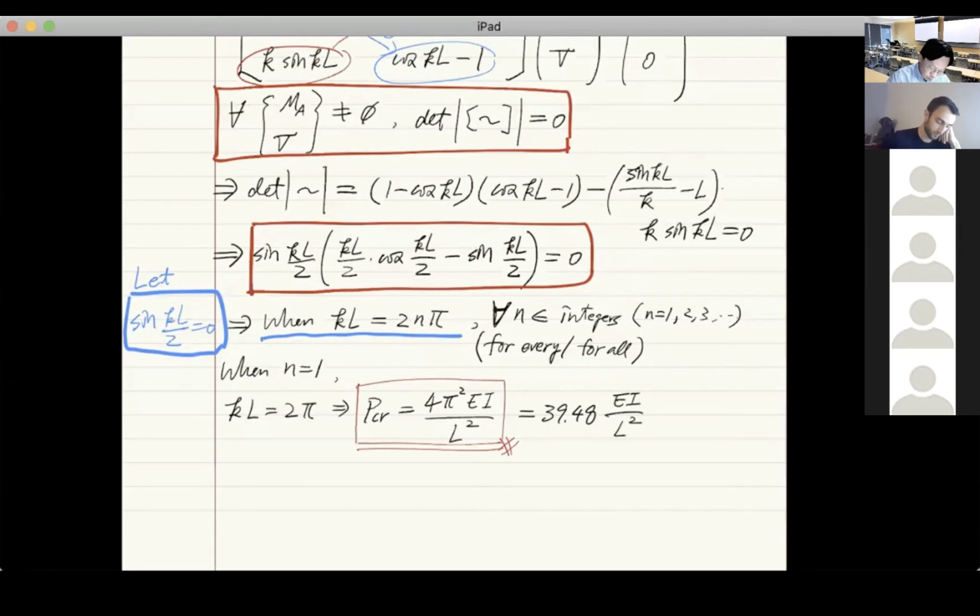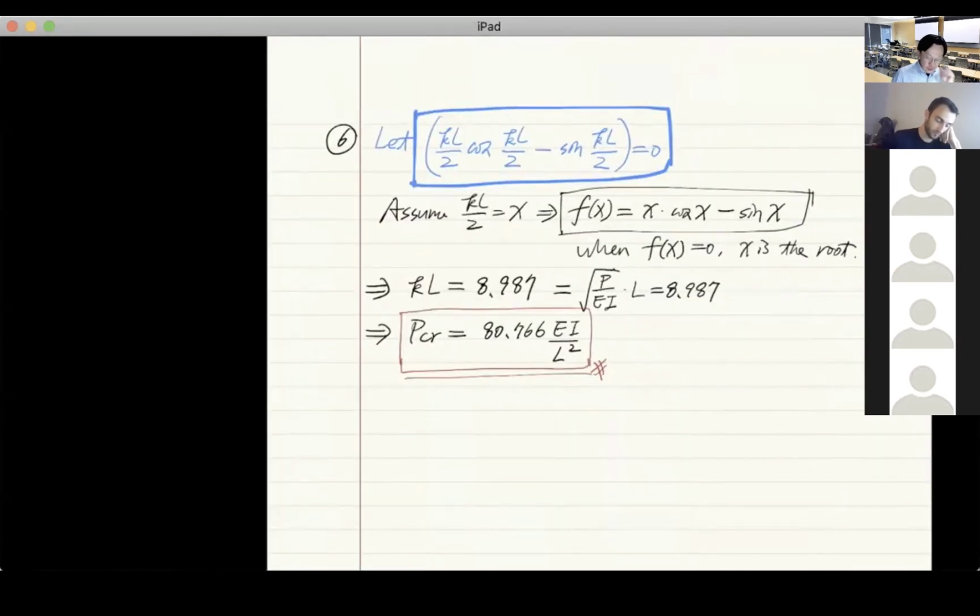So for the first root, this is the solution. And the other one is 80.766. So what does that mean?